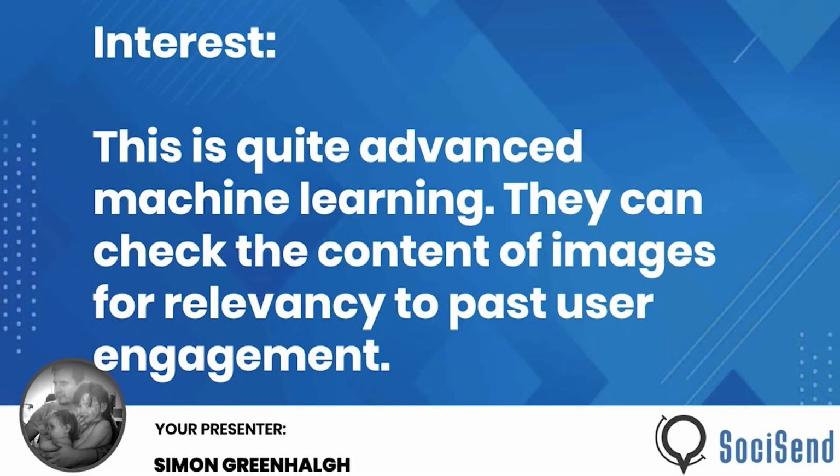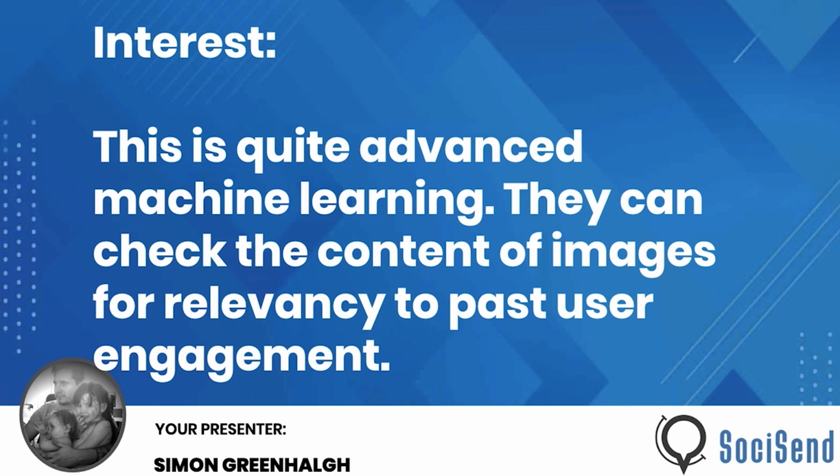Interest. This is quite advanced machine learning, actually. It's even more advanced than I realised until I really started looking into it. They can actually check the content of the images, very similar to reverse image search, for relevancy to past user engagement.